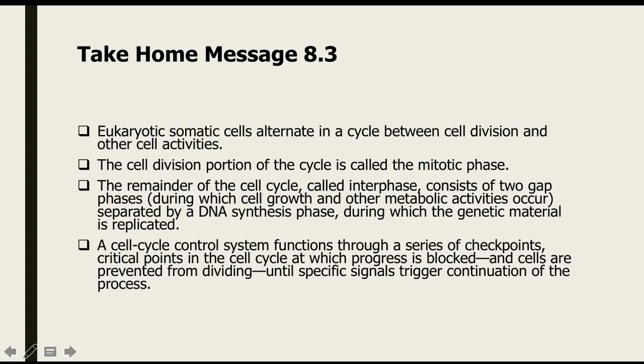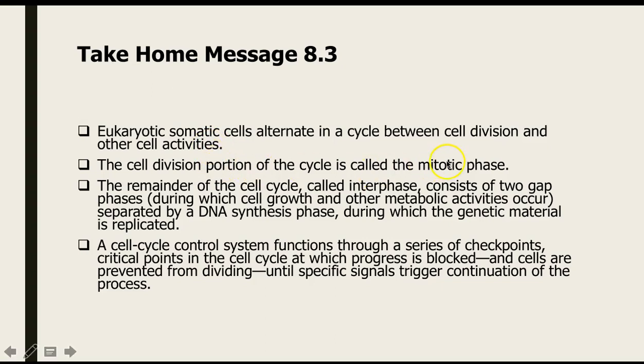So just to summarize what I've said so far: eukaryotic cells, specifically the ones we're calling somatic cells, and somatic cells are body cells basically, anything except for sperm and eggs. Somatic cells in eukaryotes spend some time in the cycle between cell division and normal cell activity called interphase.